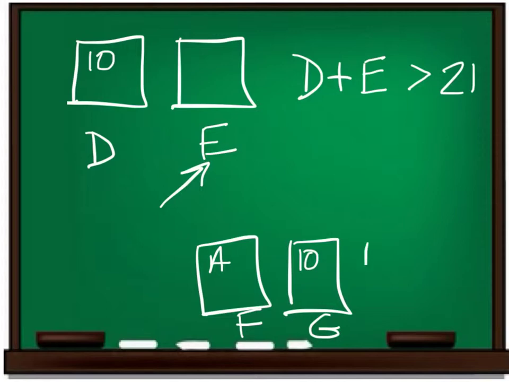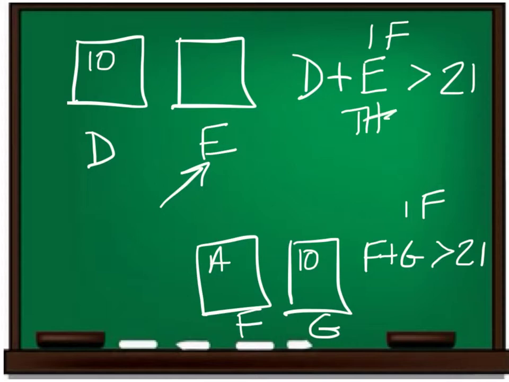And of course you'd have to have F plus G greater than 21, and both of these would be ifs. And then you would assign something that would say you lose, the dealer loses, or you both lose because you've both gone over 21. Now I'm sure there's a rule in 21 that says that, if you both bust, then it's a loss for both of you, so it doesn't really count against you.